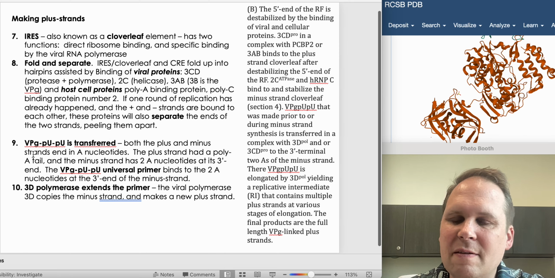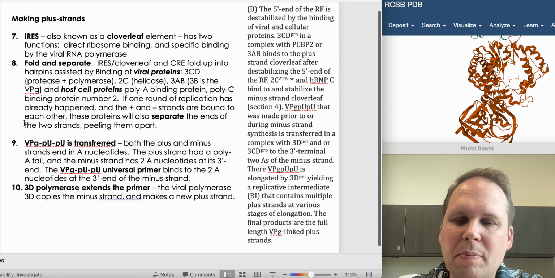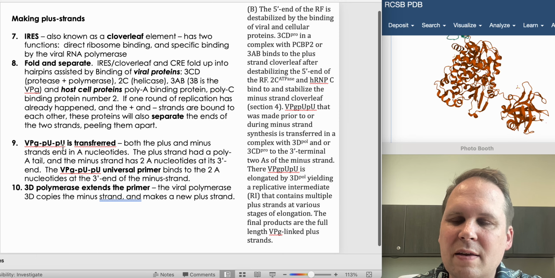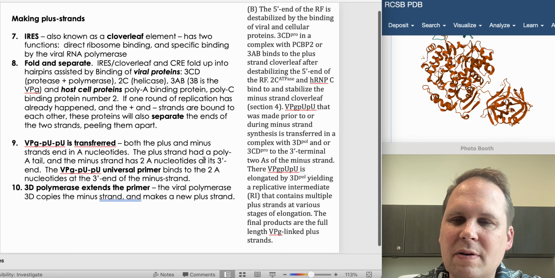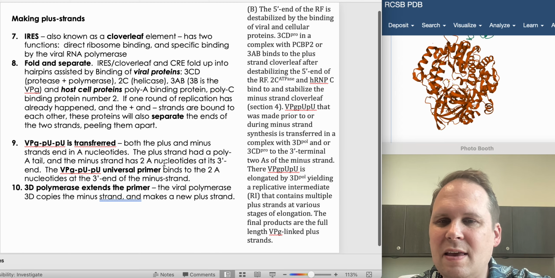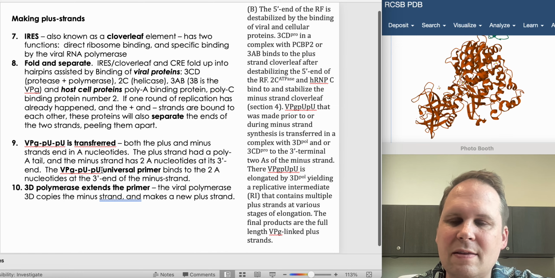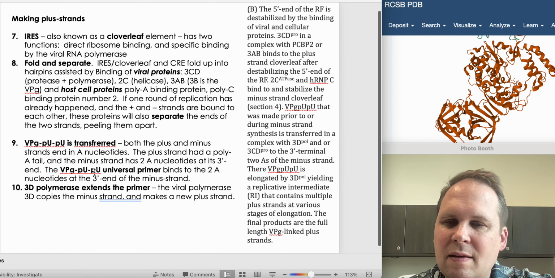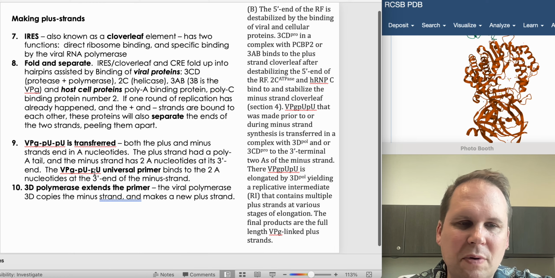So VPG, little protein, protein 3B, with 2 uridines is going to be transferred to the 2 A nucleotides at the 3' end of the minus strand. Those will then be copied, and that's where we'll line up.